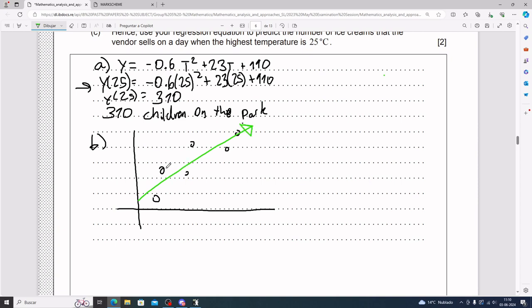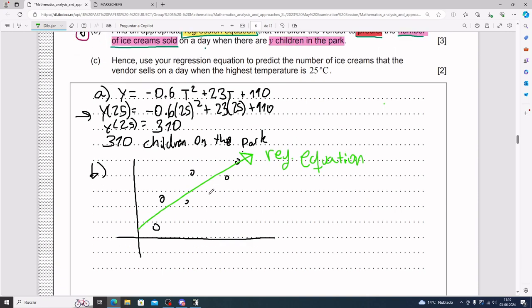This green line is like as close as possible to all the points. And this would be your regression equation, right? Why is a regression equation useful? It's useful because it can help you learn the correlation of your data or how X behaves on Y. It can help you understand if it's a positive correlation, if it's a negative correlation.